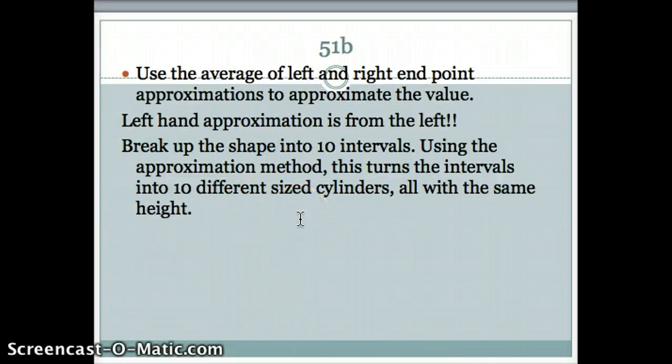Now part B says use the average of left and right endpoint approximations to approximate the value. So I said that the left-hand approximation is from the left. What you do is you go to the leftmost interval, which in this case would be 0 to 0.5, and you go up from the x until you hit the line of the function, which happens to be 0, and you go right.